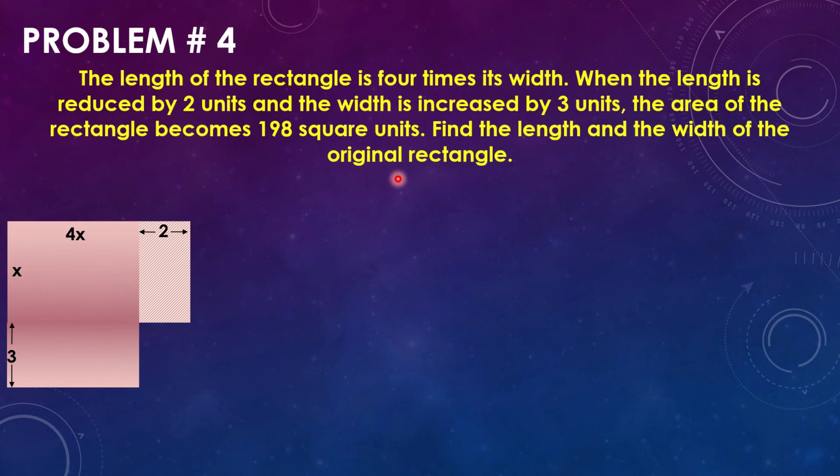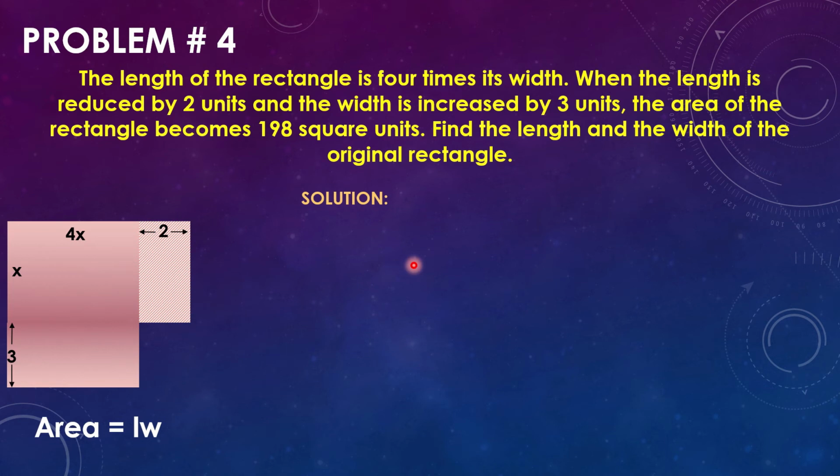If you notice, given here is the area of the rectangle, so we will use the formula for that. The area of the rectangle is equal to length times width. Let us now form our equation. We have 4x minus 2 since we reduced the length, and this side is x plus 3 since we added 3 units.